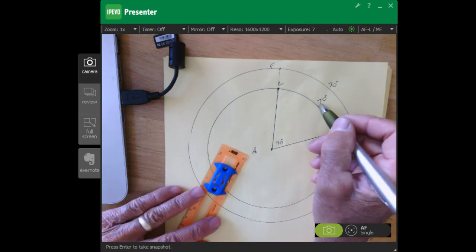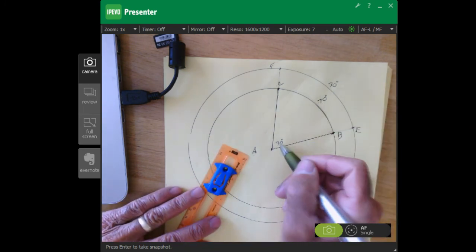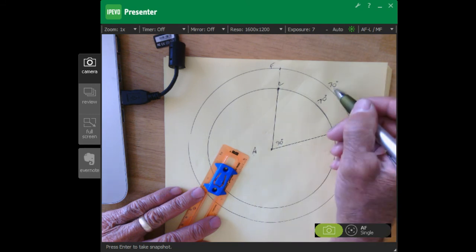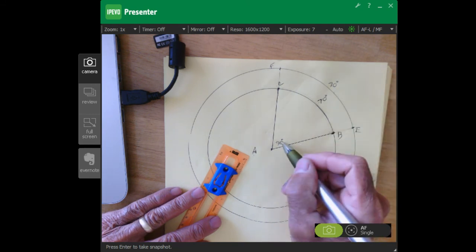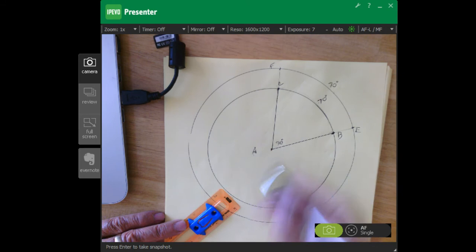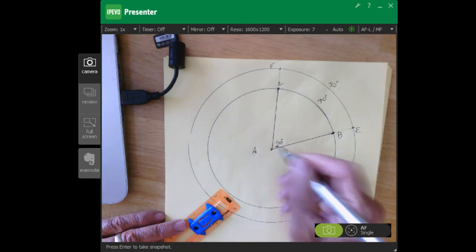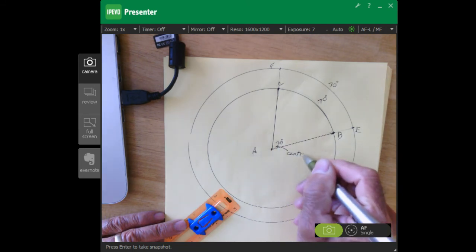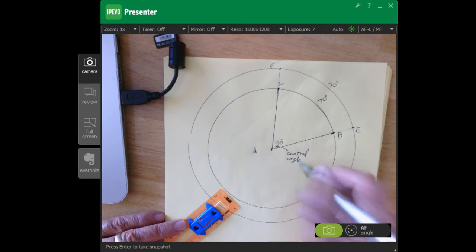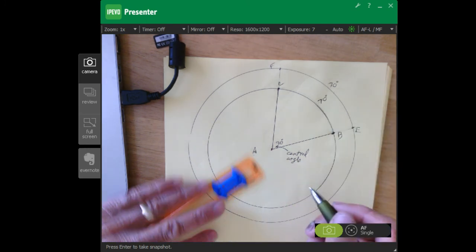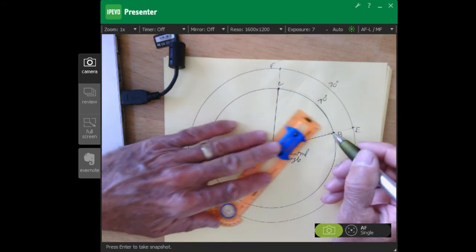So arc measure, same as the central angle. So this central angle, right? This right here is an arc. Now we talked about this the other day.